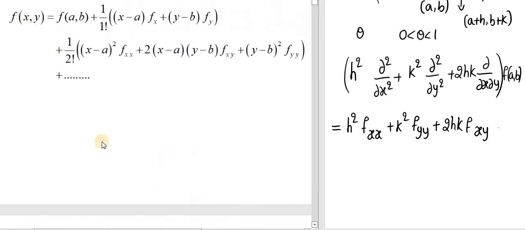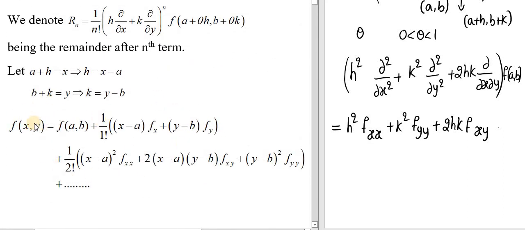So, here we have the expression in terms of a and b. Now we are taking a equal to 0, b equal to 0. Then we are going to get, instead of this term, f of 0 comma 0. Here also, in this expression, x minus a, wherever we are getting, those terms are replaced with x minus 0. x minus 0 is nothing but x.